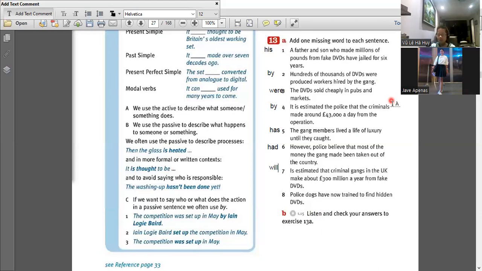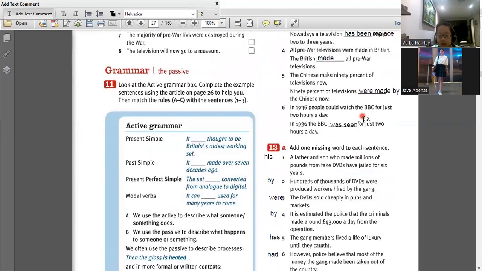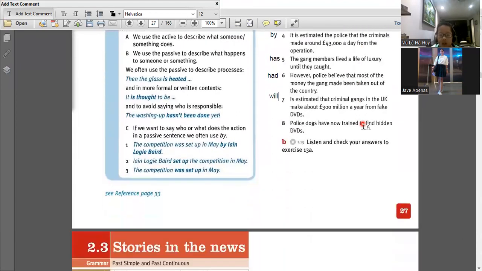Police have now, now to try to find hidden DVDs. Okay. Yes, now that is how you're going to use active grammar and passive grammar in a sentence.